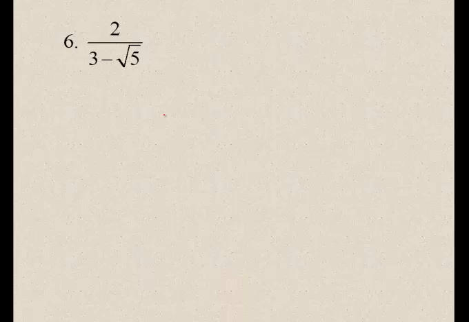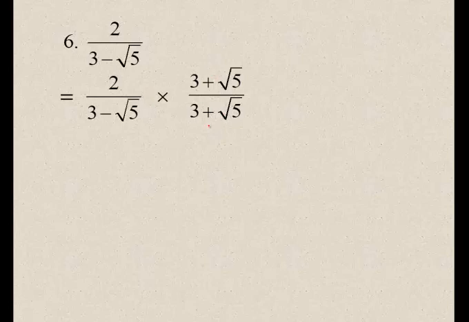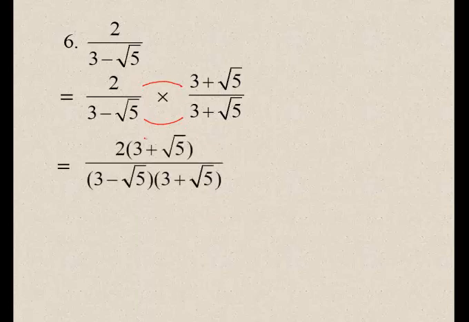Number 6. I'm not going to go over number 6 much, exactly the same as the previous examples. Remember number 6. Multiply by 1, the conjugate pair is 3 plus root 5 over 3 plus root 5. This is the important part. I always tell you that. Multiply out. That's your step.